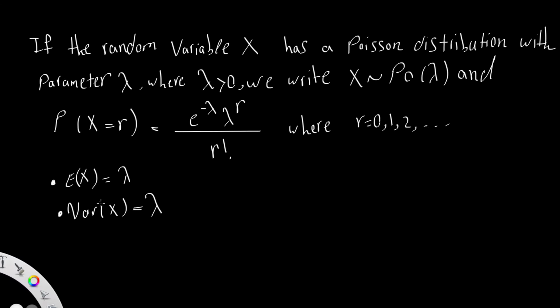Expectation and variance are the same, as mentioned on the previous page, and both are equal to lambda. So we have only one parameter, denoted by lambda.